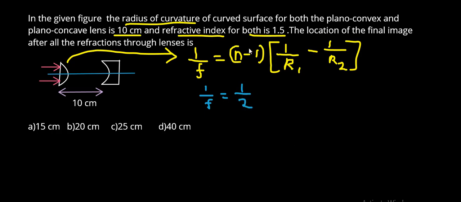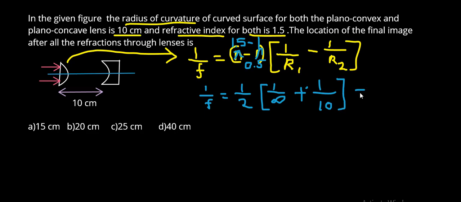Here, 1.5 minus 1, this is 1.5, this is 1, right? So we will get 0.5, which we can write as 1 by 2. The radius of curvature of the first surface is infinity, since it is the plane. So for the plane surface, the radius of curvature is infinity, minus. Since it is the second curvature, it is going to be plus 1 by r2, and the radius of curvature is 10 for both the lenses. So I will write this.